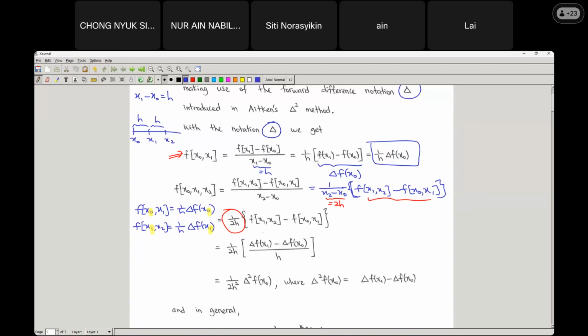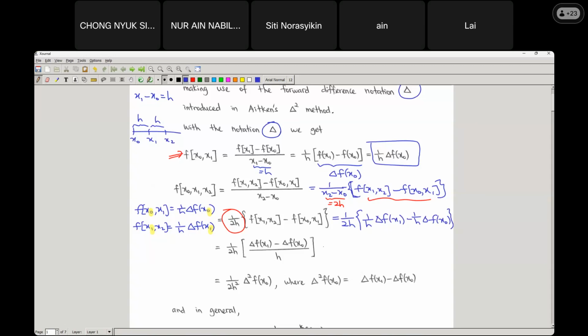So this is equal to 1 over 2h times, f[x1, x2], which is 1 over h triangle f(x1), minus 1 over h triangle f(x0). I missed my triangle there, so it should be triangle f(x0).